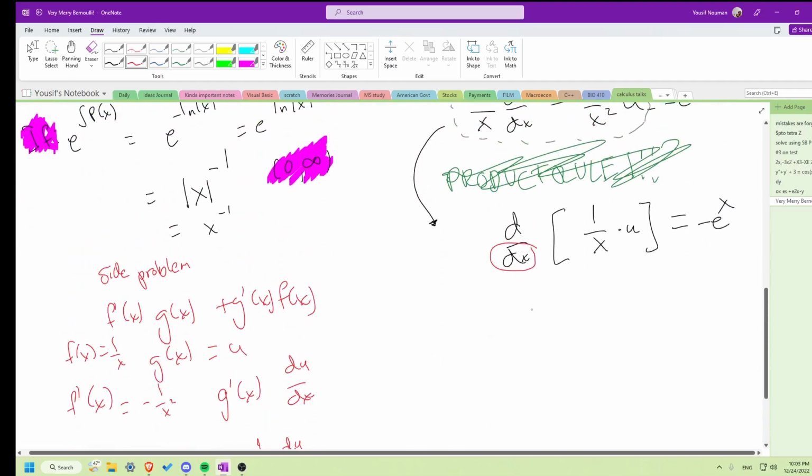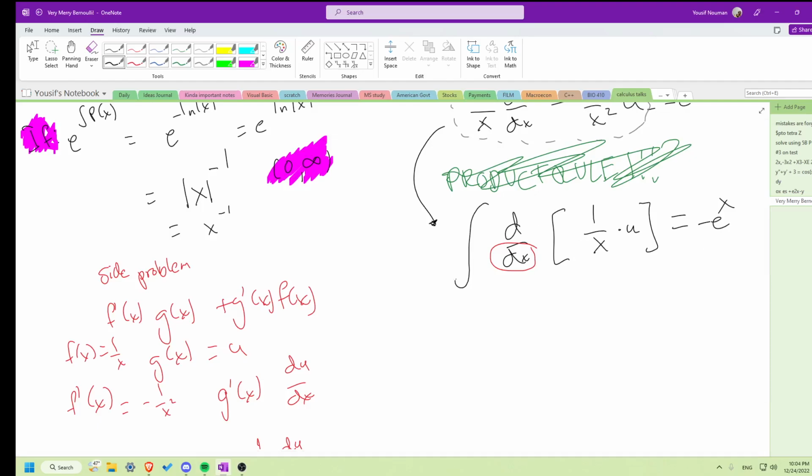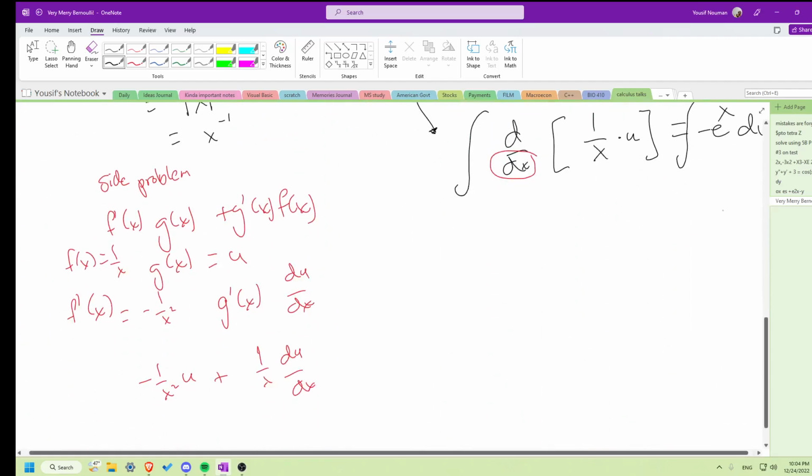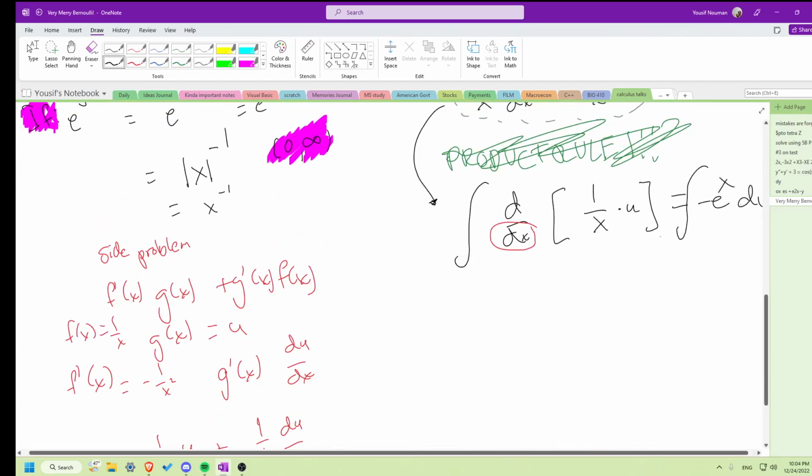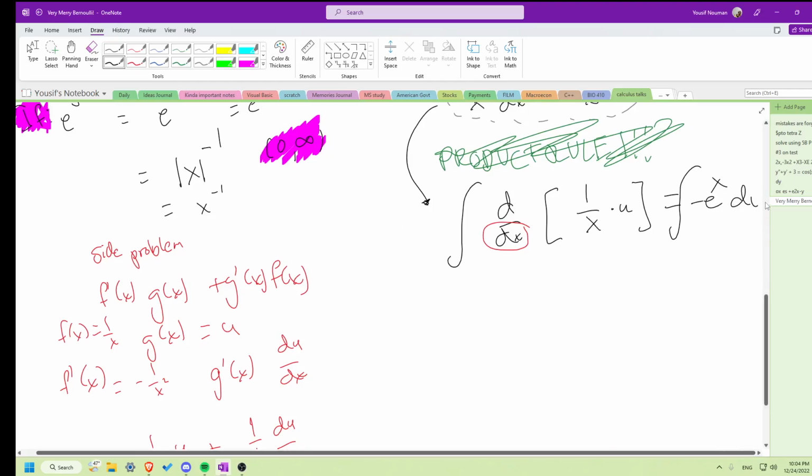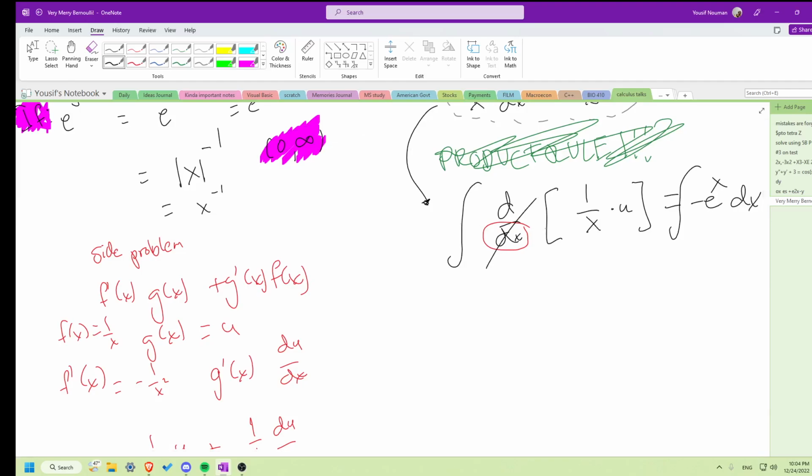So, this works. And what we can do now is take the integral of both sides with respect to x. Let me move the bar. That's going to cancel out with the integral, because the integral of a derivative just gives you back the function.